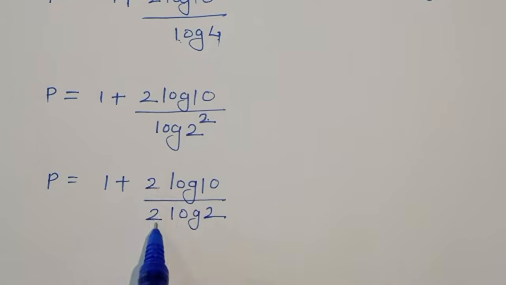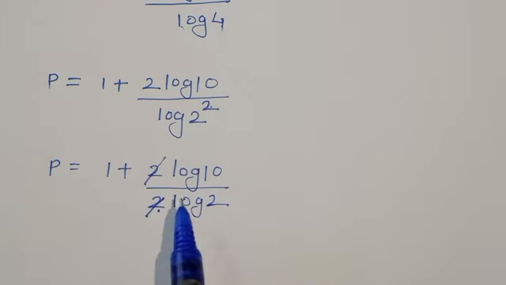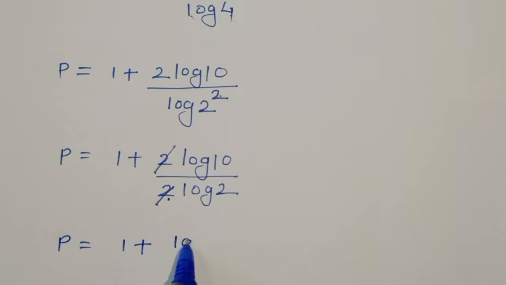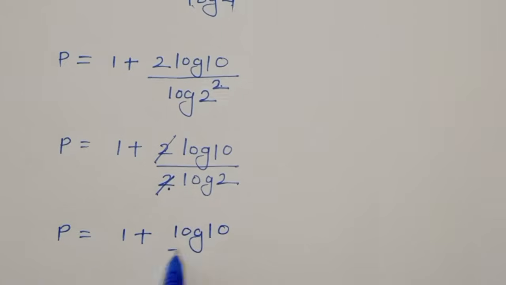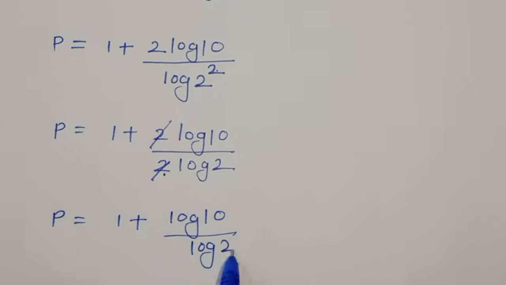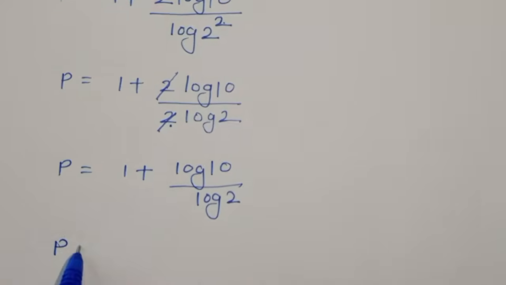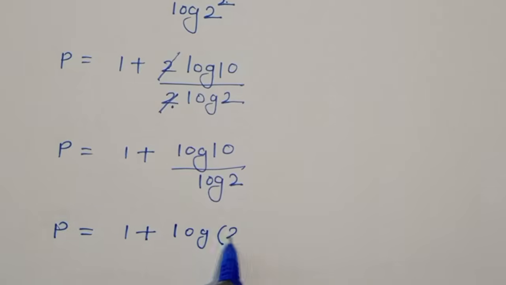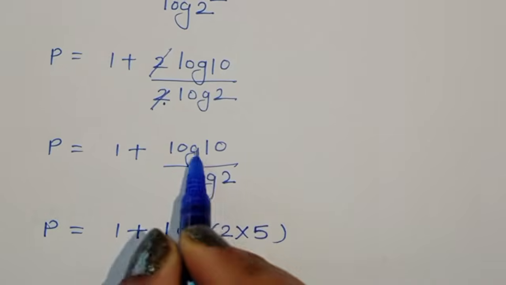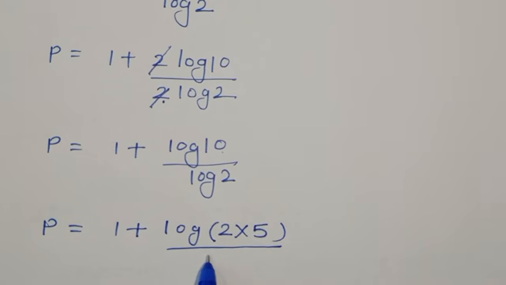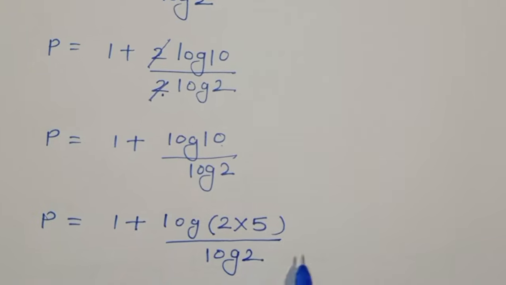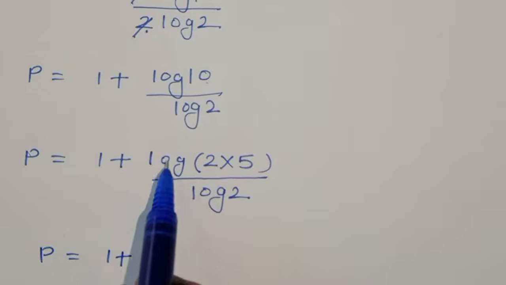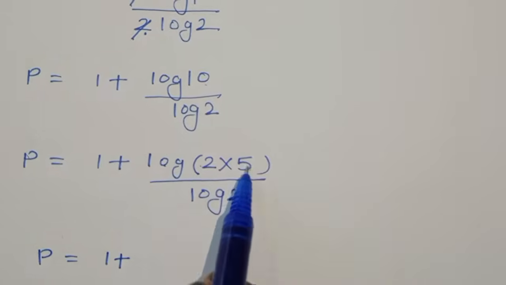Now this 2 cancels with this 2. So p is equal to 1 plus log of 10 divided by log of 2, right? Now p is equal to 1 plus log of 10, and 2 fives are 10, divided by log of 2. Now p is equal to 1 plus, again log of a times b is equal to log of a plus log of b.